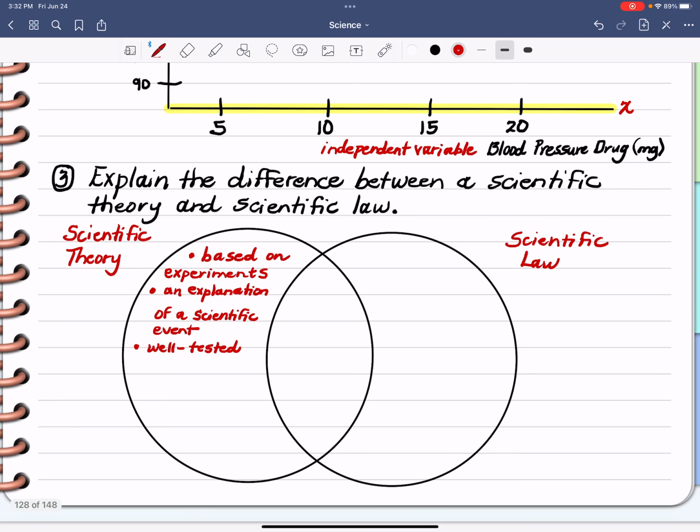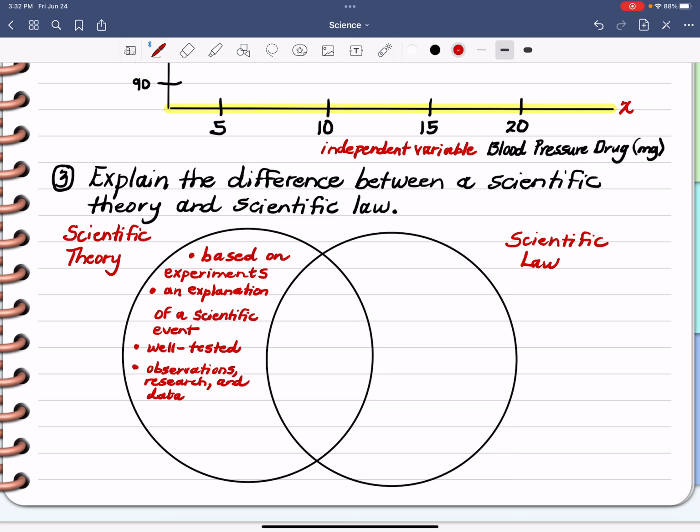And that it's based on not only experiments, but observations, research, and data. Okay, that's a good summary of scientific theory.